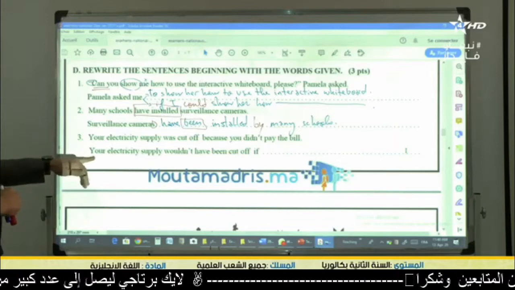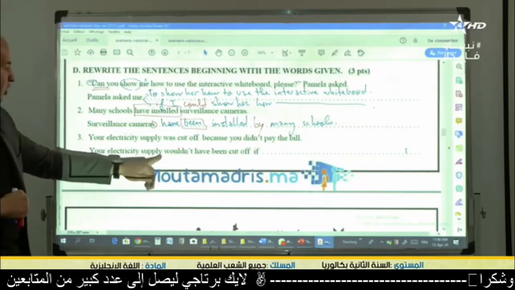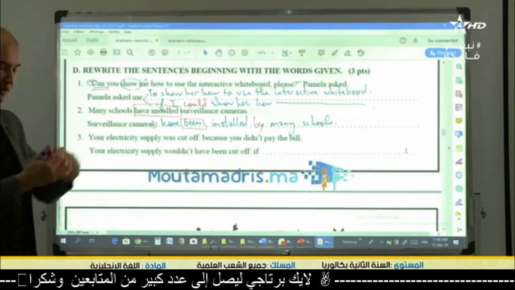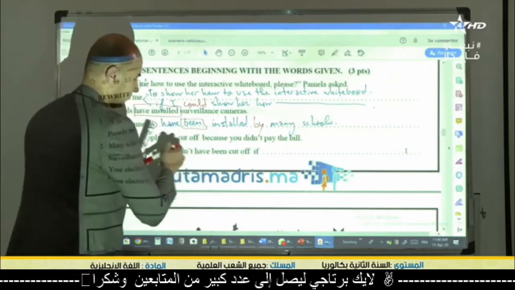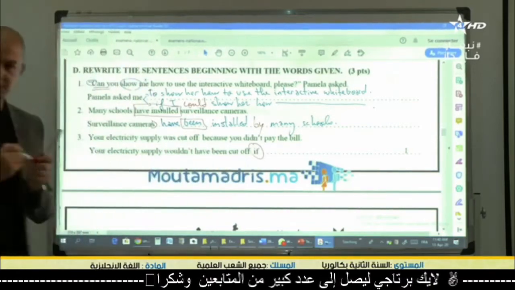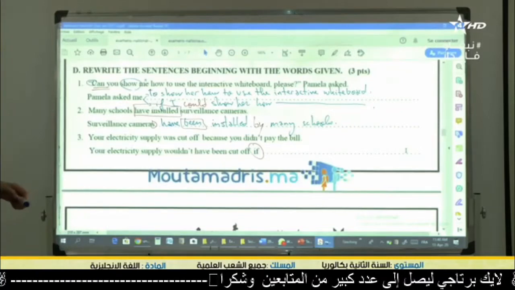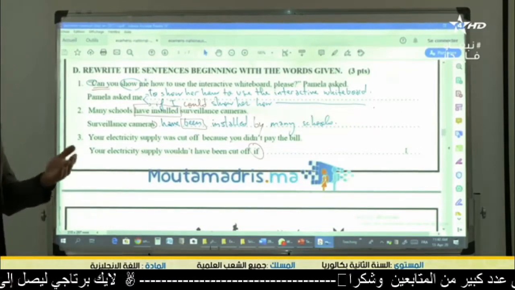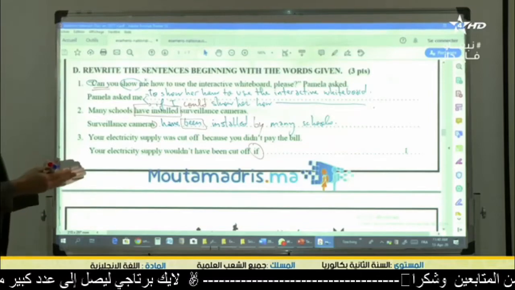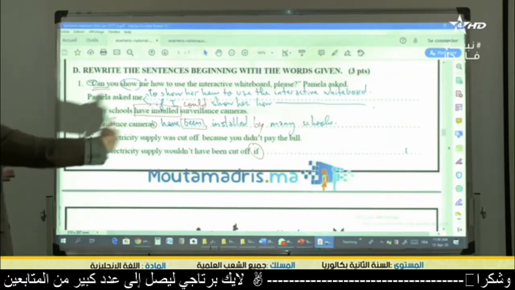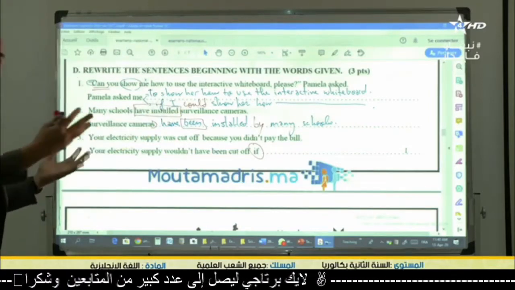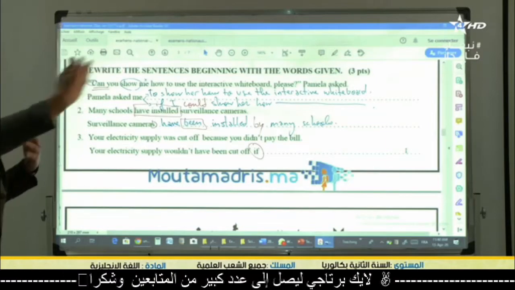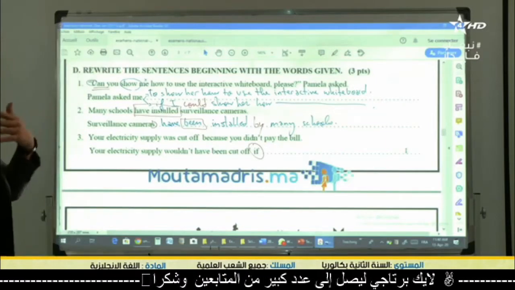Now, your electricity supply wouldn't have been cut off if. Which lesson is this when we have if? It's the conditional. Very good. Now, which conditional is this? Is it 1, 2, or 3? How can we know? We can know simply by looking at the sentence and seeing the context. Is it future? Is it present or past?